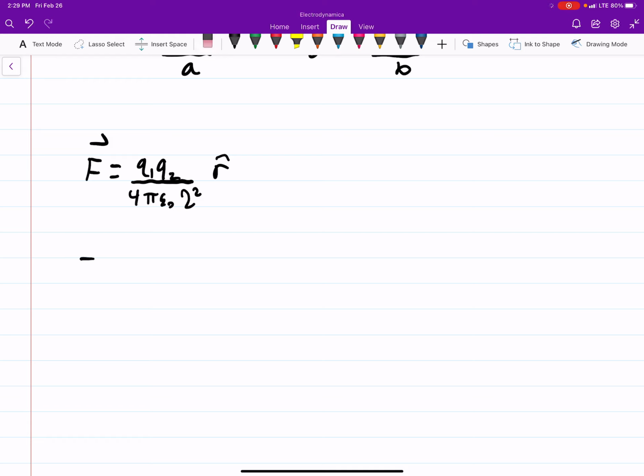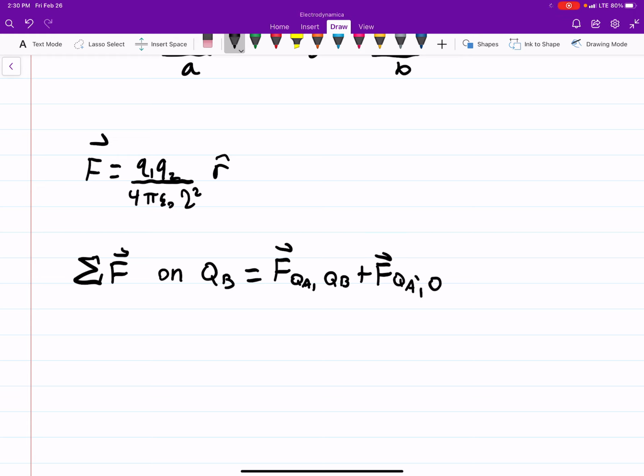So if we do the summation of our forces on QB, that would be just the force QA exerts on QB plus the force QA imaginary exerts on QB plus the force QB imaginary exerts on QB.